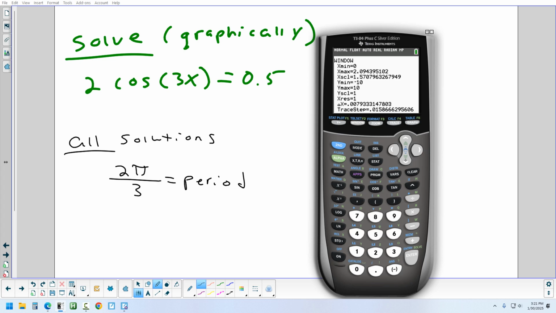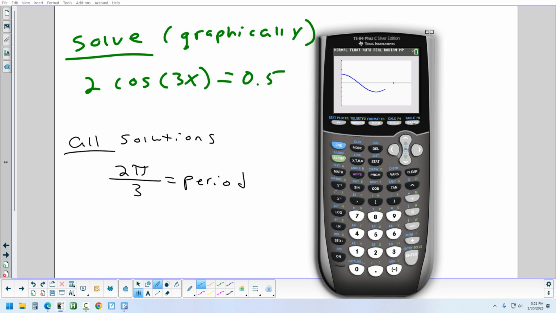What's the range normally for cosine? Yeah? -1, 1. It's normally -1 to 1, and we've stretched it by a factor of 2. So it's going to go -2 to 2. So, I mean, you could zoom in a little bit. I'd say -5 to 5 is more than enough. Okay, so hit graph.